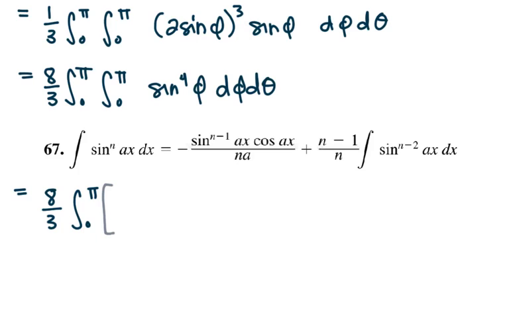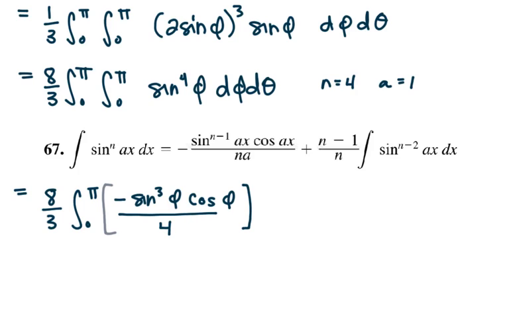So when I integrate this with respect to phi, I'll have 8/3, 0 to pi, and I will end up with negative sine to the n minus 1, where n is 4 and a is 1. So sine to the 4 minus 1, sine cubed phi cosine phi over 4. We need to evaluate that between our bounds, phi equals pi and phi equals 0.